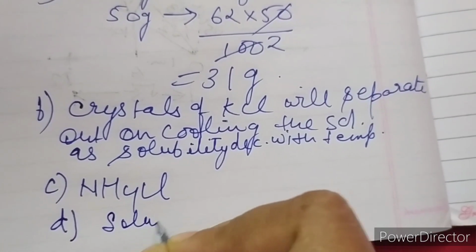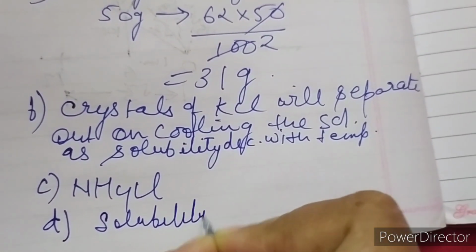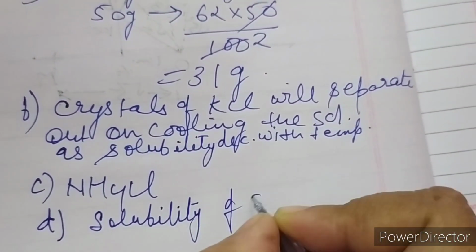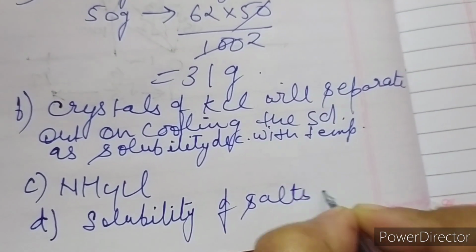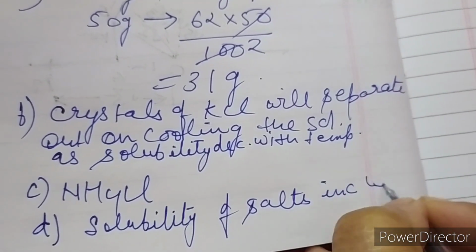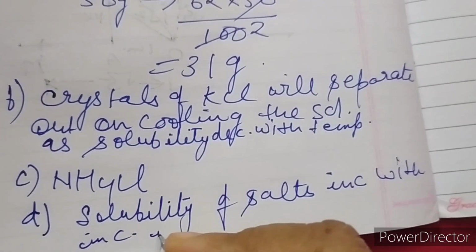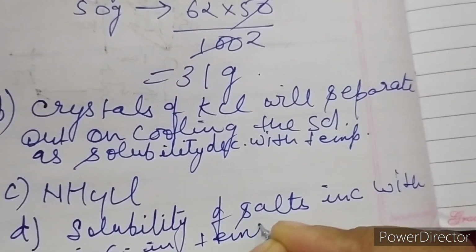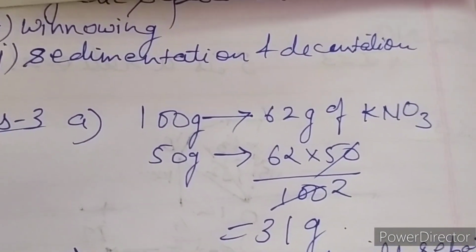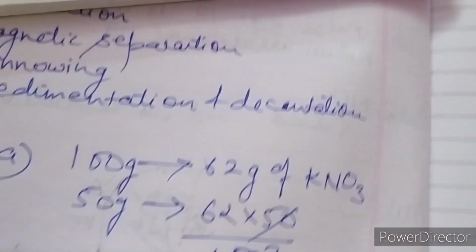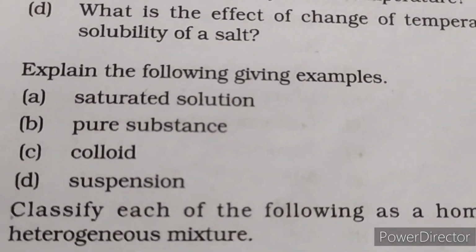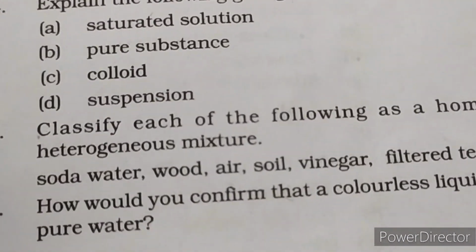So you will write: solubility of salts increases with increase in temperature. Or you can write vice versa also, that is, it decreases with decrease in temperature.